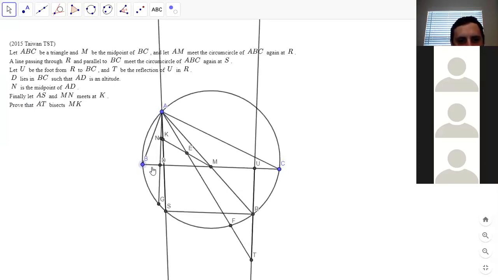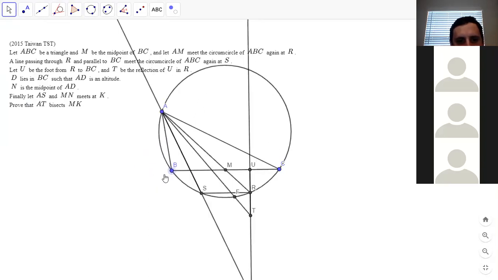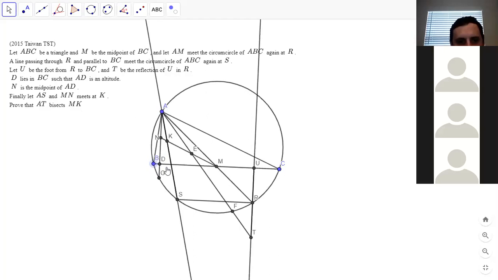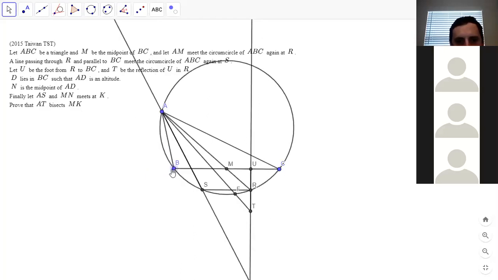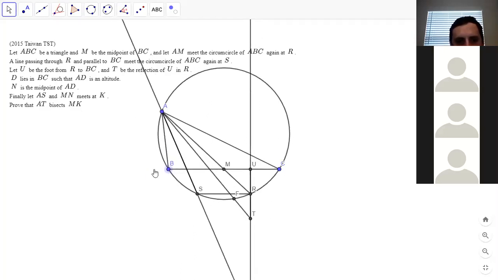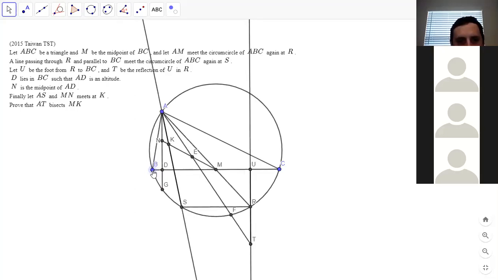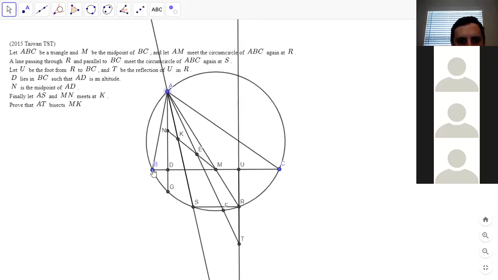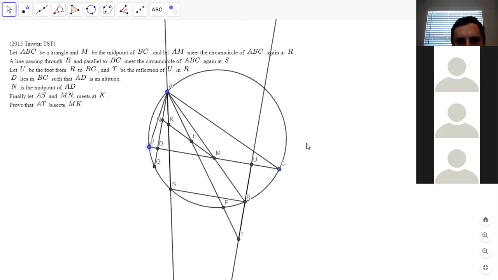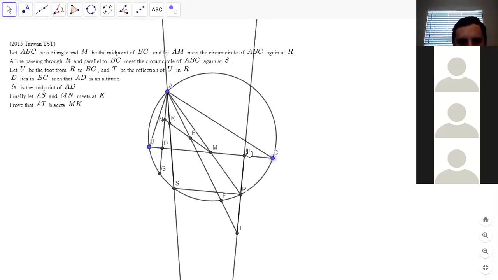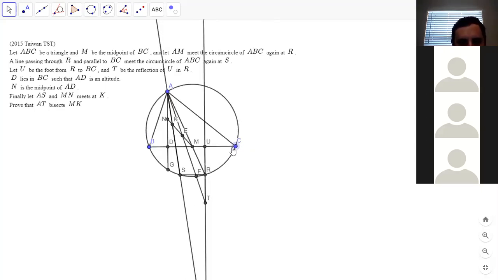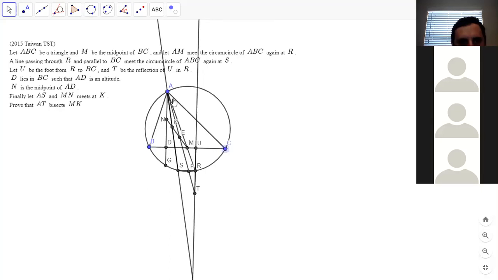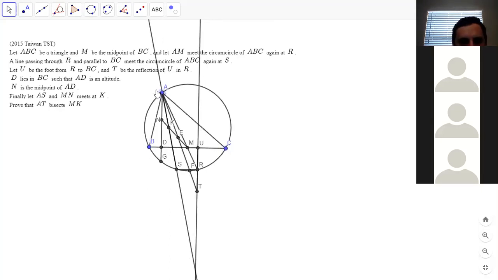The diagram just doesn't want to do it. Maybe I should just draw it. I'm going to try my best. Okay, if AS intersects UT, look at how crazy that is.